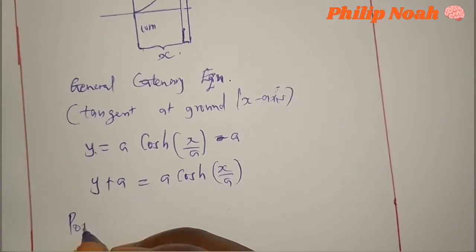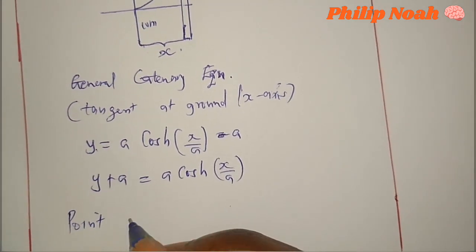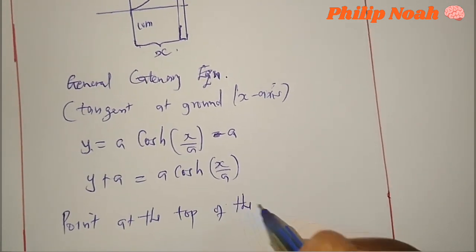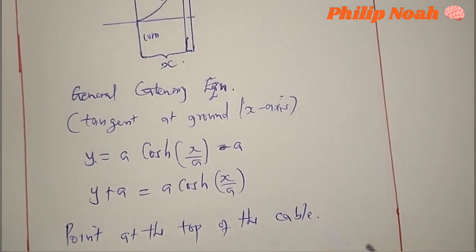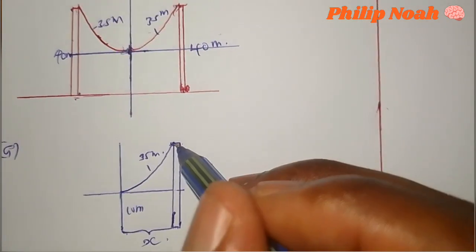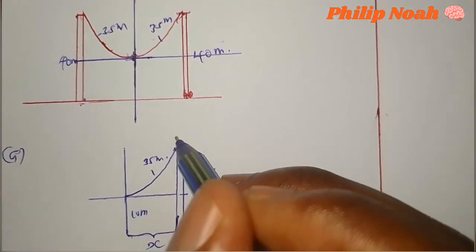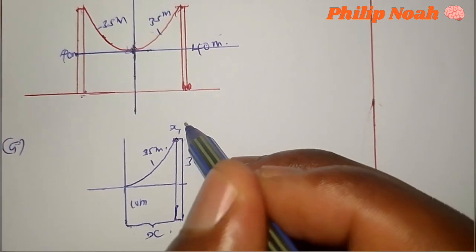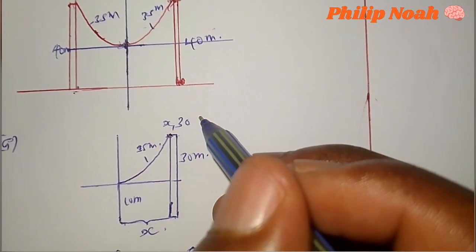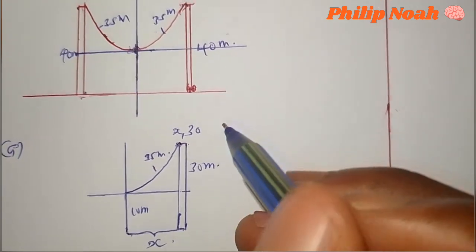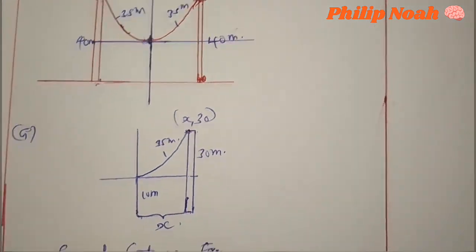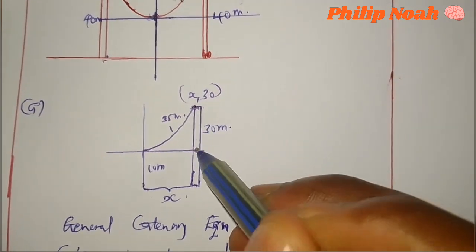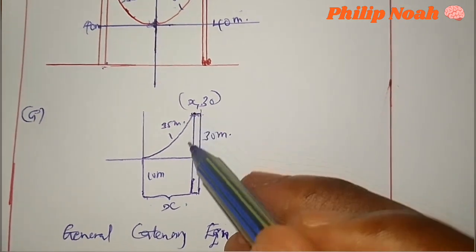After that, let's look at the point at the top of the cable. At this point, you have x and y coordinates. So that's x. The y coordinate is 30. Because of this length. Hope you are getting it.